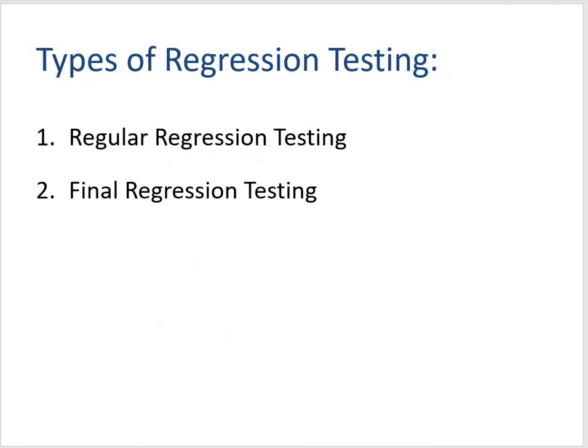Now there are two types of regression testing: regular regression testing and final regression testing. One thing to note is that all the strategies will be under the same umbrella, black box and white box, which remains the same.